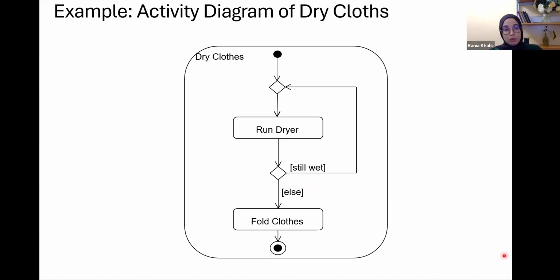I want to make sure, so I'm going to give you another example. Another type of activity is drying the clothes. You can run the dryer, and if the clothes are still wet, you will continuously keep running the dryer again and again until the clothes are dry.